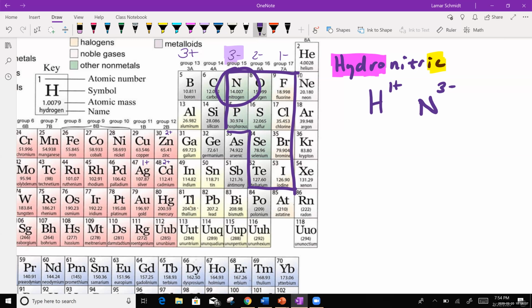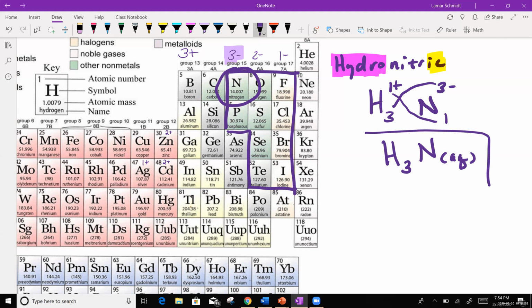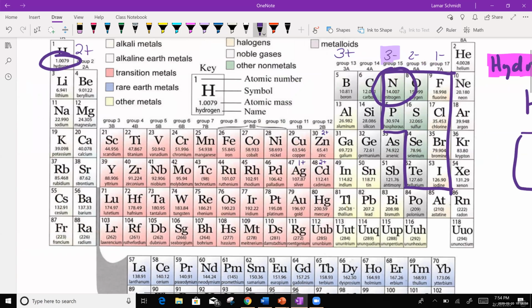And so the sum of the charges here does not equal 0. So I'm going to put a 3 here, a 1 here, and I'll rewrite that as H3N, and it's aqueous. All right, and so that's the formula for hydronitric acid. Notice there is no oxygen in that formula.